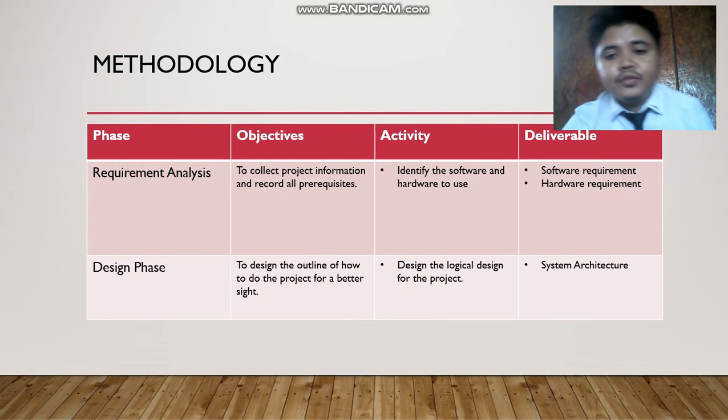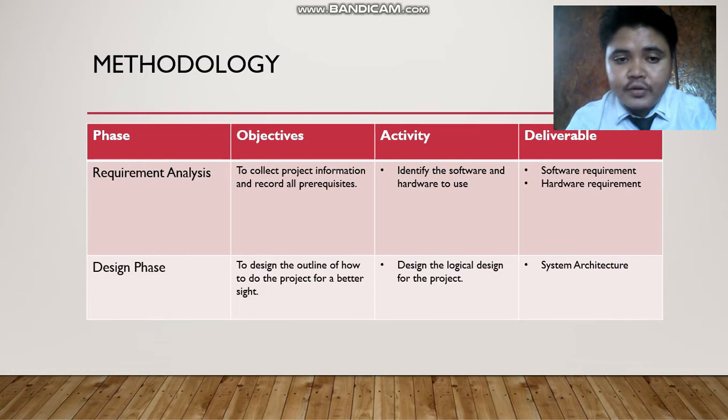So the methodology for the requirement analysis phase, the objective of this phase is to collect the project information. So the outcome that I have from this phase is the software requirement and hardware requirement that are used to complete this project.